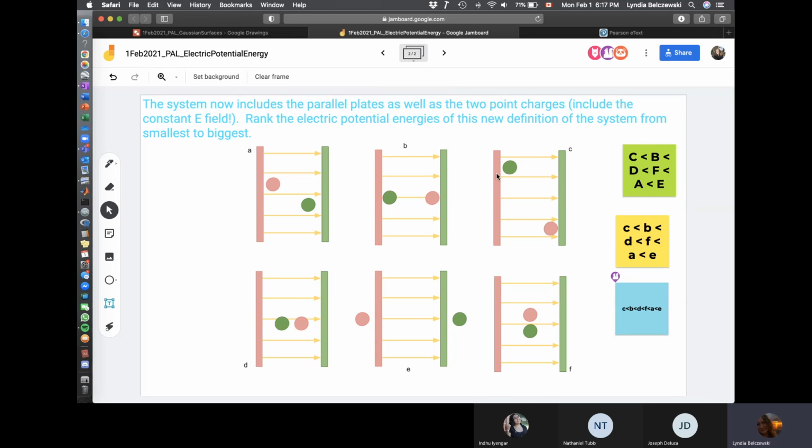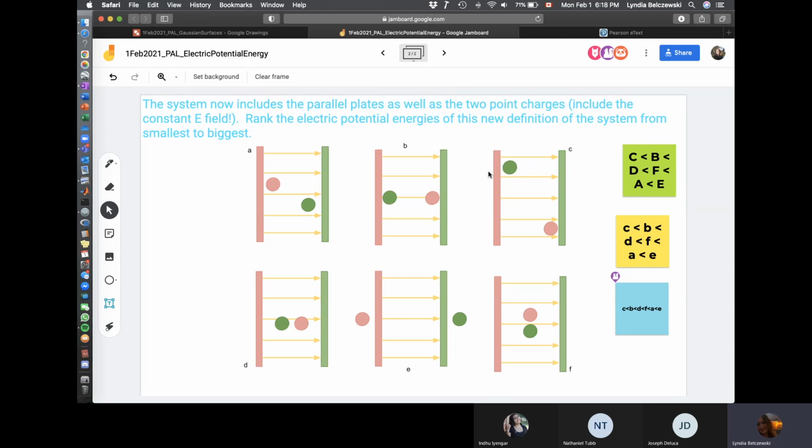There is something about the configuration of the system that does give it a not negligible amount of potential energy, and it's that the green point charge and the pink point charge, or the negative and positives, they're not very close.